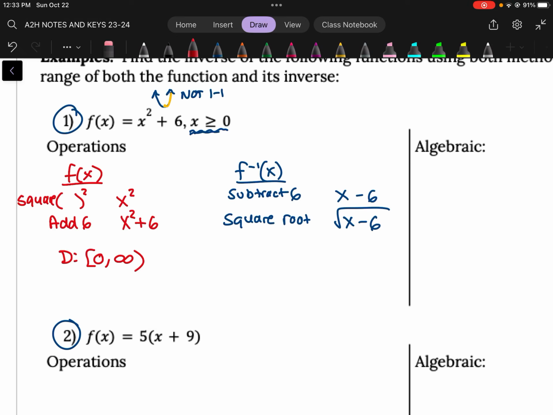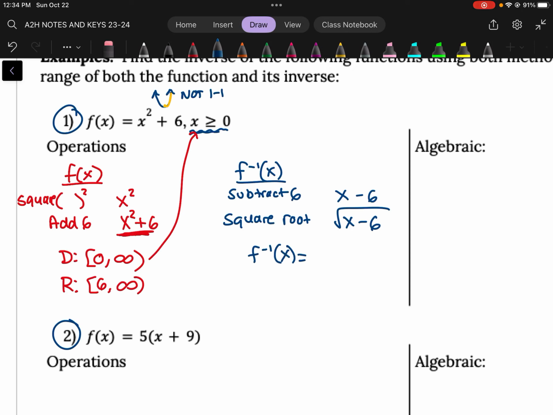I like to use interval notation for this. It's just easier, right? But it really means the same thing as that, right? Now we also know, and this is really important, the range is, right? If I look at x squared plus 6, the smallest that this could be is 6, right? When I square anything and add 6 to it, the very smallest is going to be a 6. Okay?